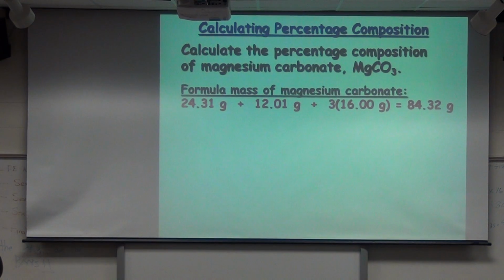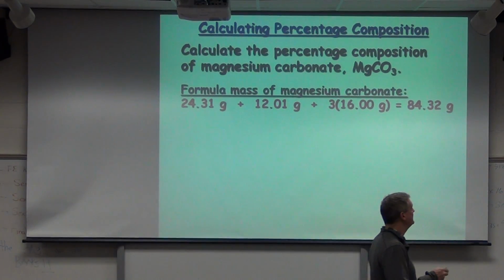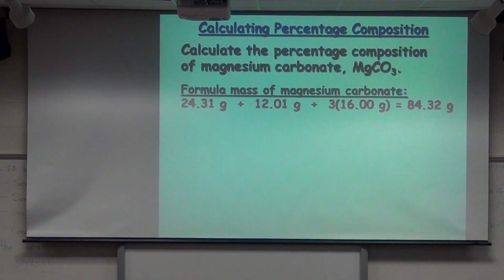So the first thing we're going to do is find the molecular mass of that compound. We've done this many, many times, but we'll do it again one more time just to remind you. So you're going to refer to the periodic table. In the chemical formula, you'll see that there's 1 magnesium, 1 carbon, 3 oxygen. So we're figuring out our molecular mass.